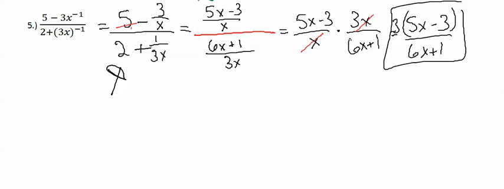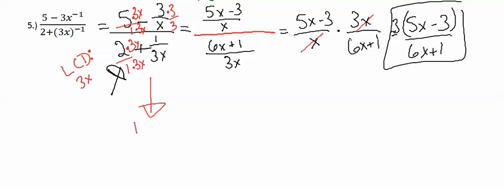So I look at all the denominators of the 4, and I find that the LCD is 3x. So instead of multiplying by x, I multiply by 3x here, 3 here, 3x as I did last time, and nothing there.